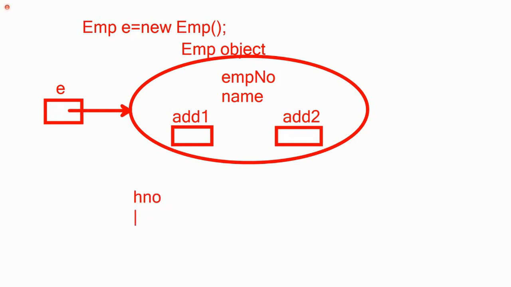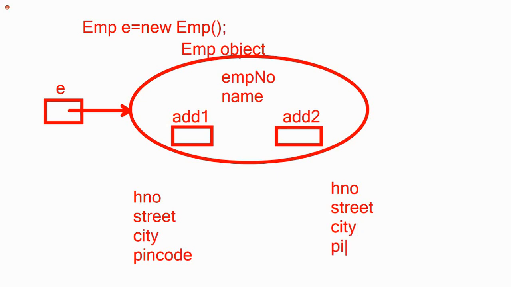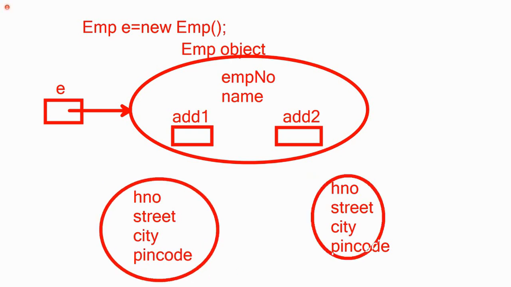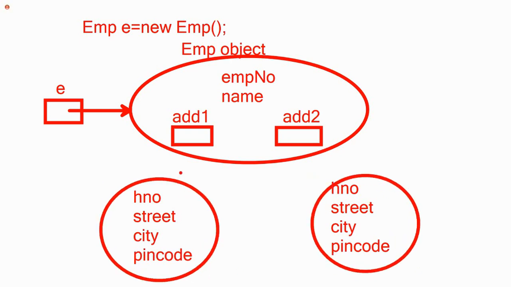Then the address objects each have house number, street, city, pin code, two separate sets. These are all address objects.